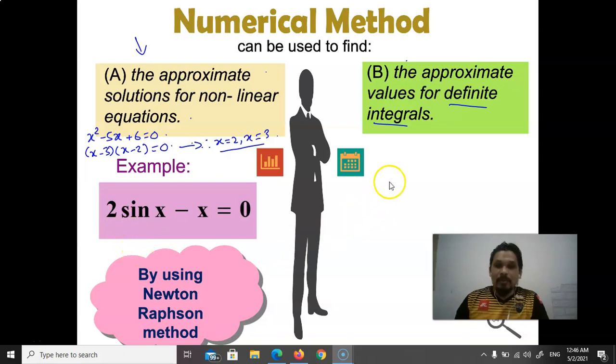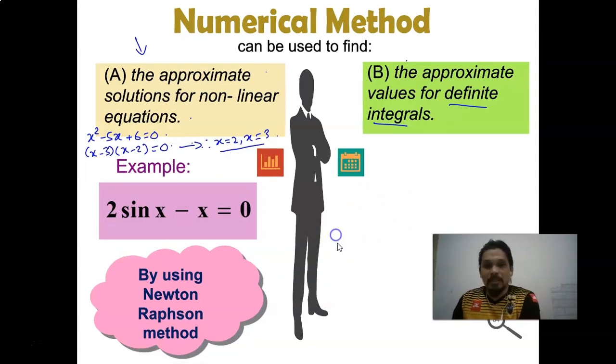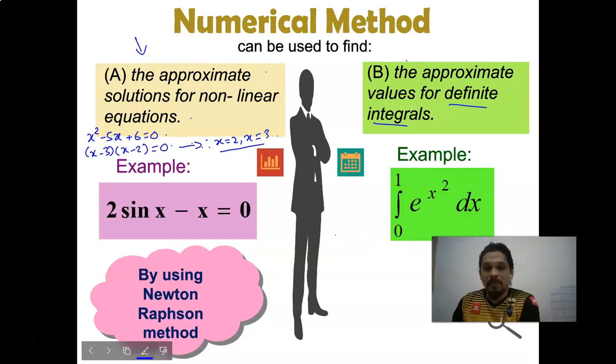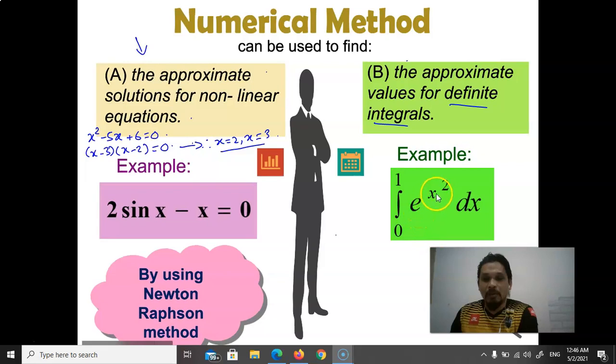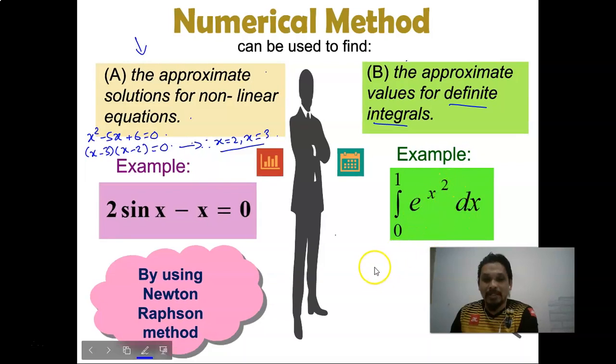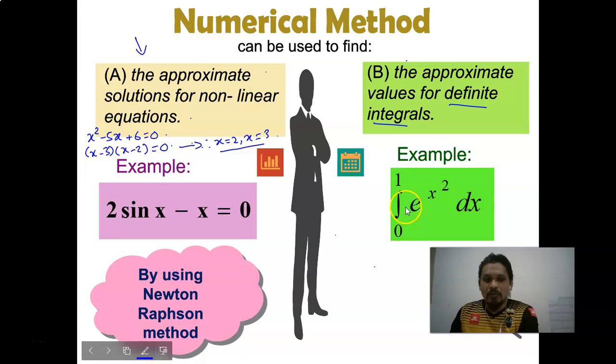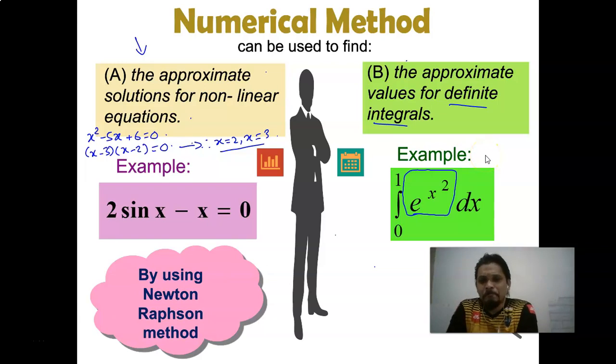And also for the example of B here, the integral of e power of x squared dx. In this case, we are thinking of how we are going to solve this. We cannot use integration by parts. We can't use substitution or the other methods that we learned previously in chapter 2.